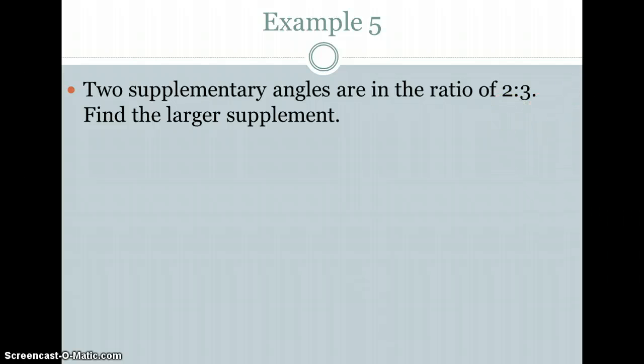For example 5, it says two supplementary angles are in the ratio of 2 to 3. So again, this is the one where you have that ratio. Anytime you see the ratio or you see those little dots in between meaning ratio, that tells you got to put an x on those. So I know that angle 1, and we'll call it angle 1, equals 2x.